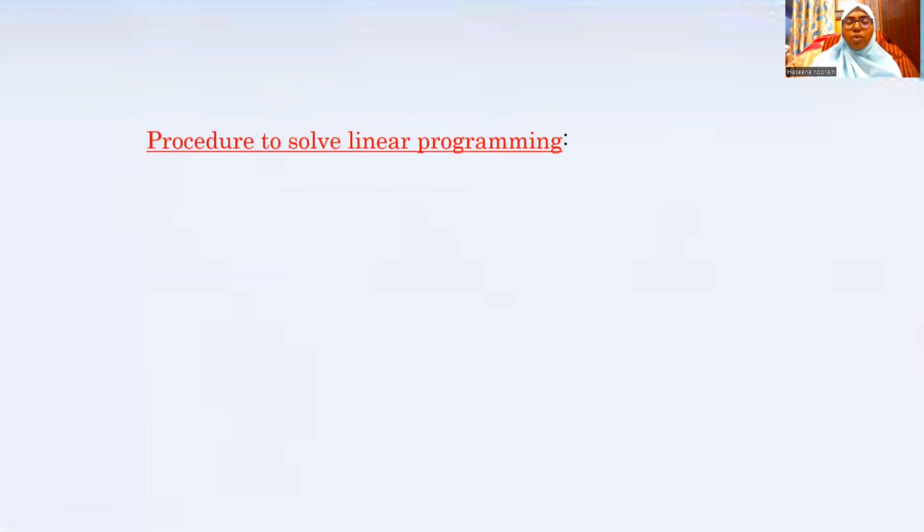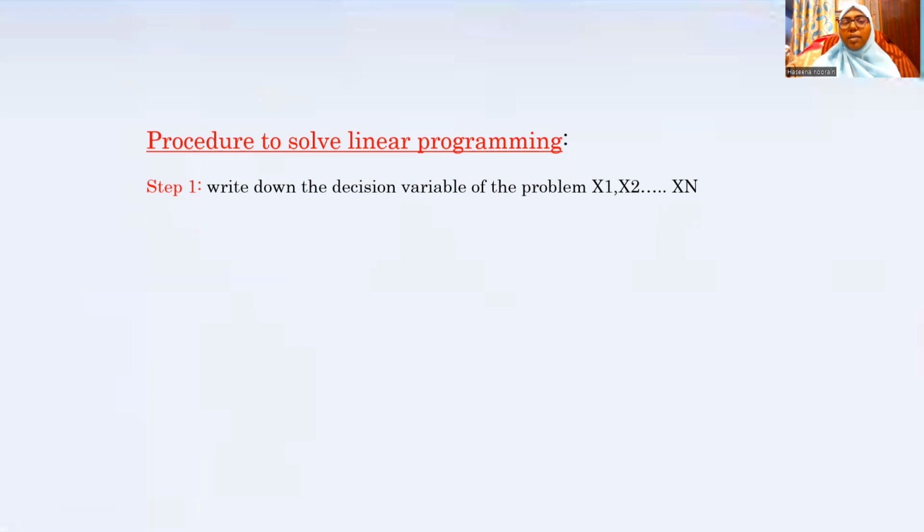Let us understand the procedure to solve a linear programming problem. The first step is to write down the decision variables of the problem in the format of x1, x2 up to xn. It depends upon the problem how we determine x1 and x2.